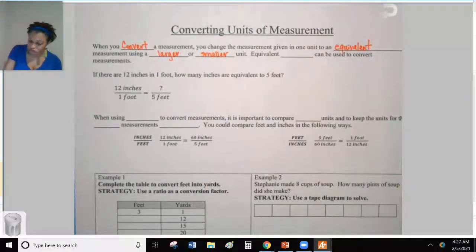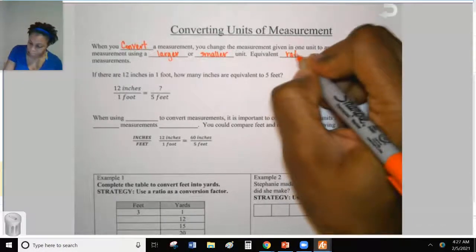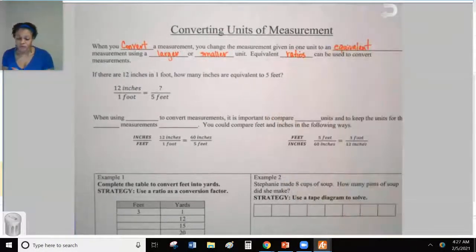Equivalent ratios can be used to convert measurements. So we're going to be using a larger or smaller unit to help us create an equivalent ratio and convert these measurements.